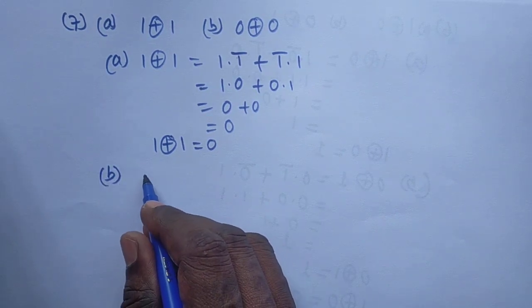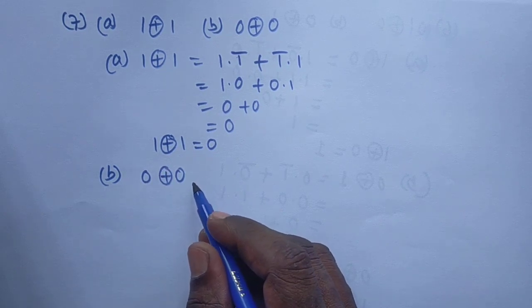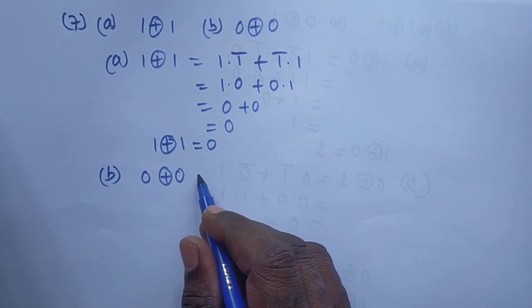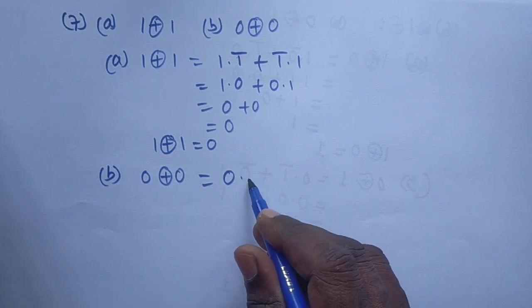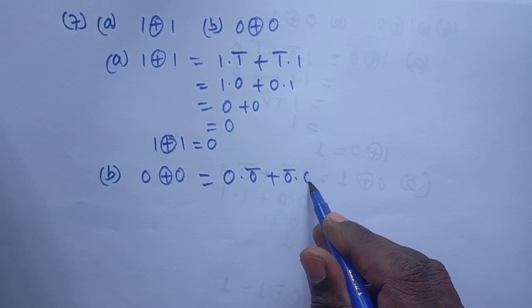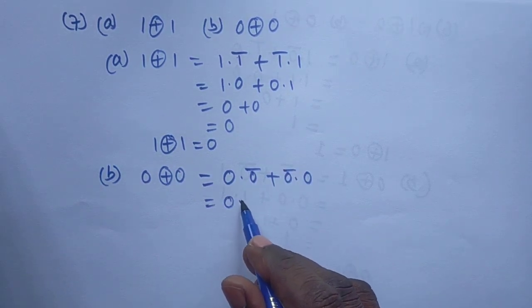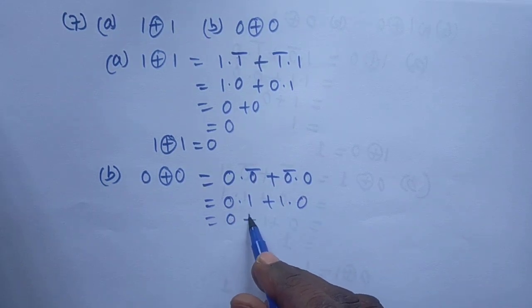Second case, 0 XOR with 0. Then you see, 0 XOR with 0 means 0 dot 0 complement plus 0 complement dot 0, that is 0 dot 1 plus 1 dot 0, that is 0 plus 0.